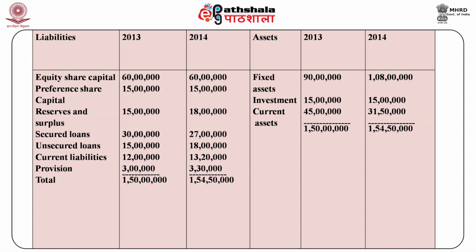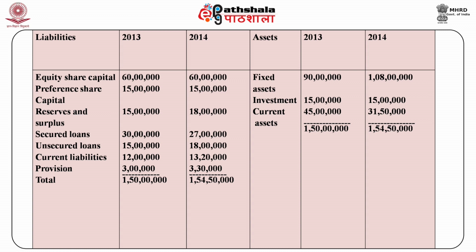The total liabilities for the year 2013 comes to 1 crore 50 lakh and for 2014 it is 1 crore 54 lakh 50,000. Now we come to assets that comprise of fixed assets, investment and current assets.